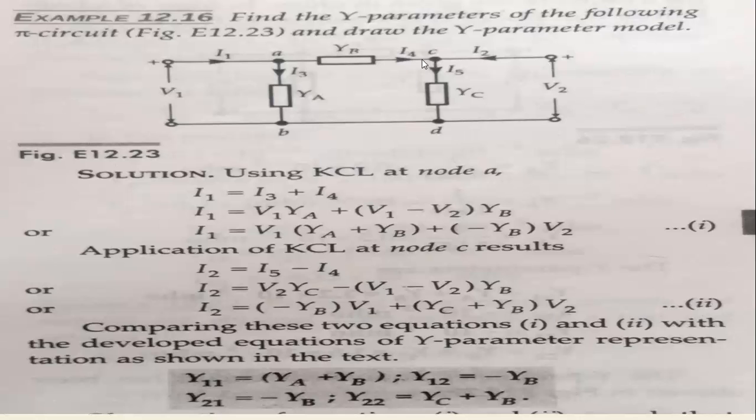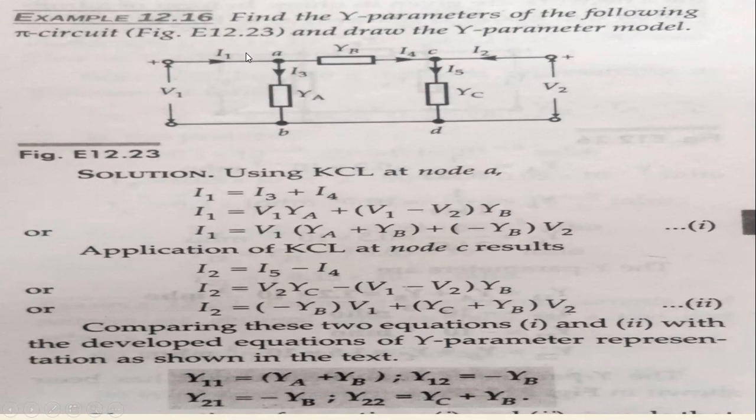After the comparison, you can write the four terminals, that is y11, y12, y21, and y22. While you are observing y11, you are interested in the input. For y22, you are observing at the output. Whereas for y21 and y12, you are interested in the middle section. So what is my y11?